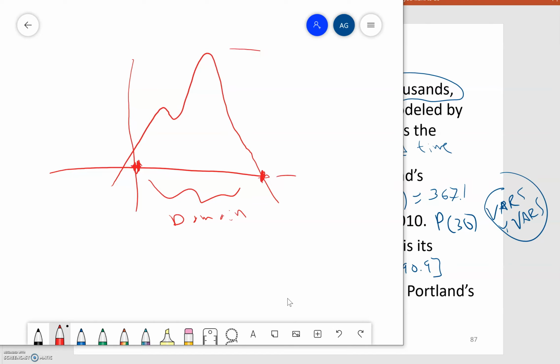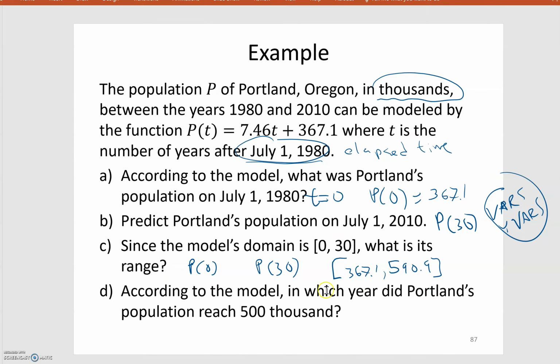But if I just found the value of the function at this point and at this point, they would both be about here, so I would never see this high stuff up in the middle. Why do we have this problem? Well, because we have all this curvature. With a linear function, that doesn't happen. It just goes straight up. So I can easily find the range by looking at this end and this end. Or even if it goes down, I can find the range by looking at the values of the function at each end. That's a nice little trick.